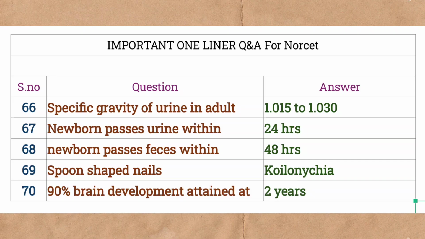Newborn passes urine within 24 hours. 68. Newborn passes feces within 48 hours. 69. Spoon-shaped nails: koilonychia. 70. 90% brain development is attained at 2 years.